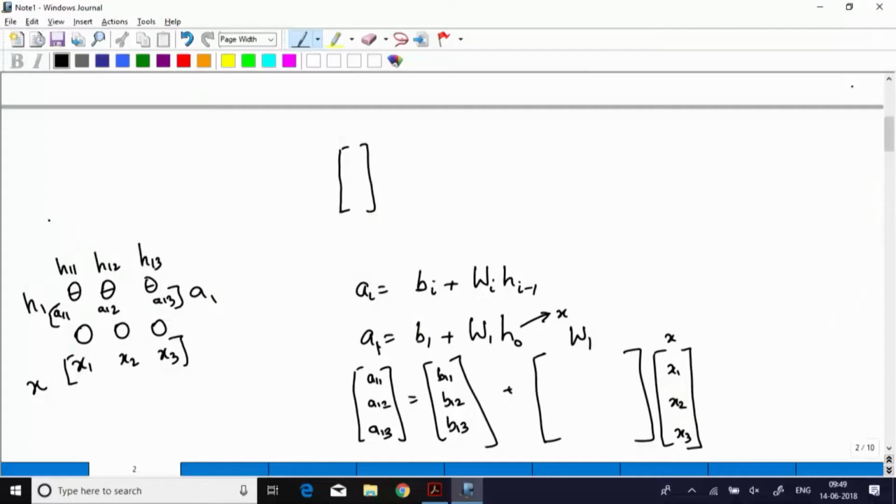This is W1. Similarly, we'll have W2 here. Or let me just simplify things. I'll just put W1 as the superscript, okay? So now can you tell me what are the elements here? This is W1,1,1, W1,1,2, W1,1,3. Is that fine? Okay? Fine.